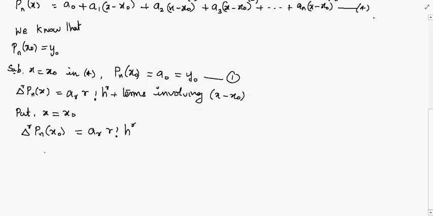Then from this we will find ar. So ar is equal to del power r Pn of x naught divided by r factorial into h power r.